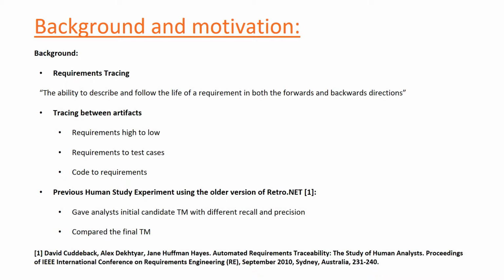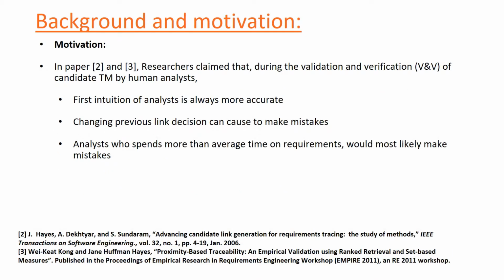They did their experiment a little bit differently: they generated candidate traceability matrices with a certain level or percentage of recall and precision, and then gave those to the human analyst to see if they improved or decreased the precision and recall in the final traceability matrix. So, a little bit of our motivation.